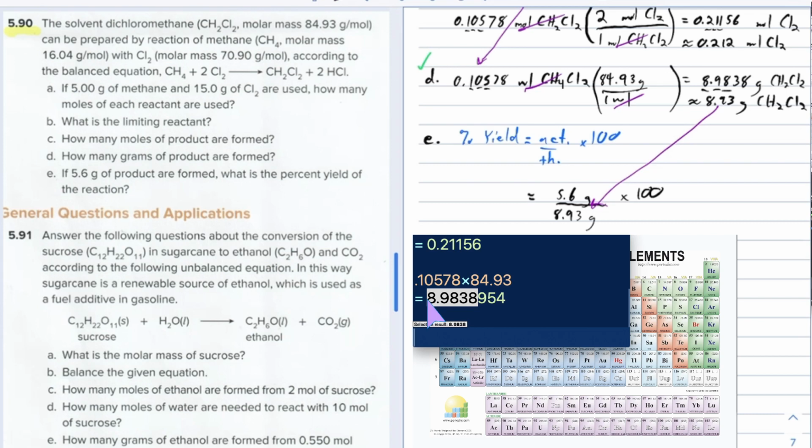So we're going to have 5.6 over 8.93 times 100. I get 62.70%. This is only a 2 sig fig percent yield because of the 2 sig figs here. So this is going to round to 63%. And there you go. That's E. Kind of an involved problem there.